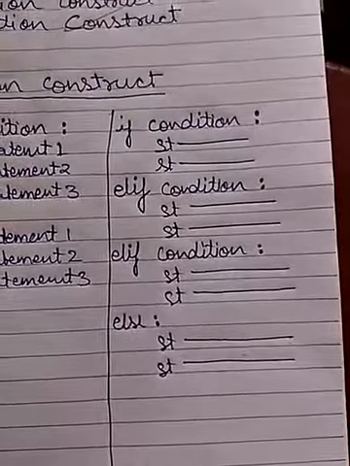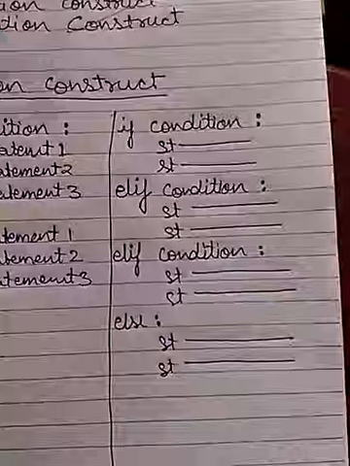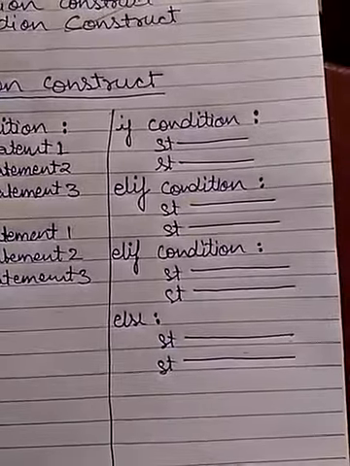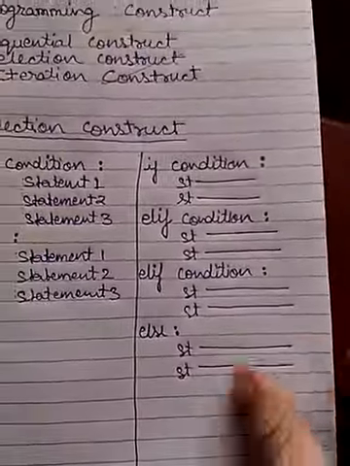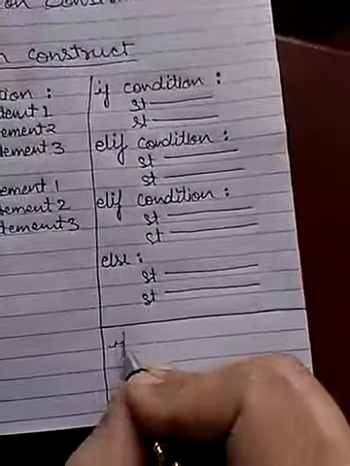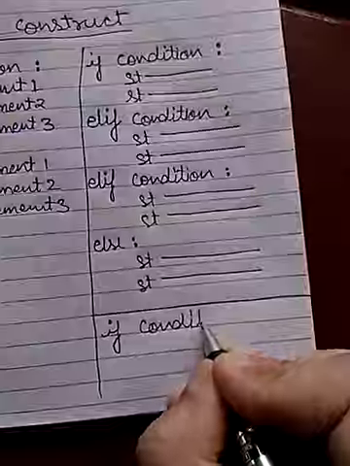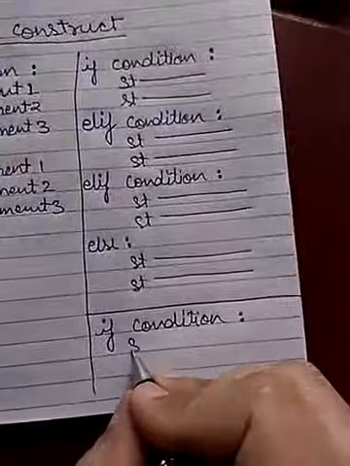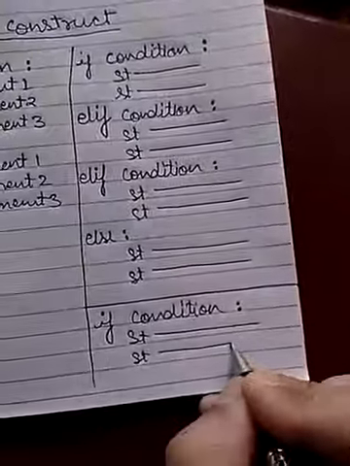So, conditions are checked in if, and if you don't want to perform any work if the condition is not satisfied, then you can escape the else part. You can simply write if condition, then colon, and here statements.